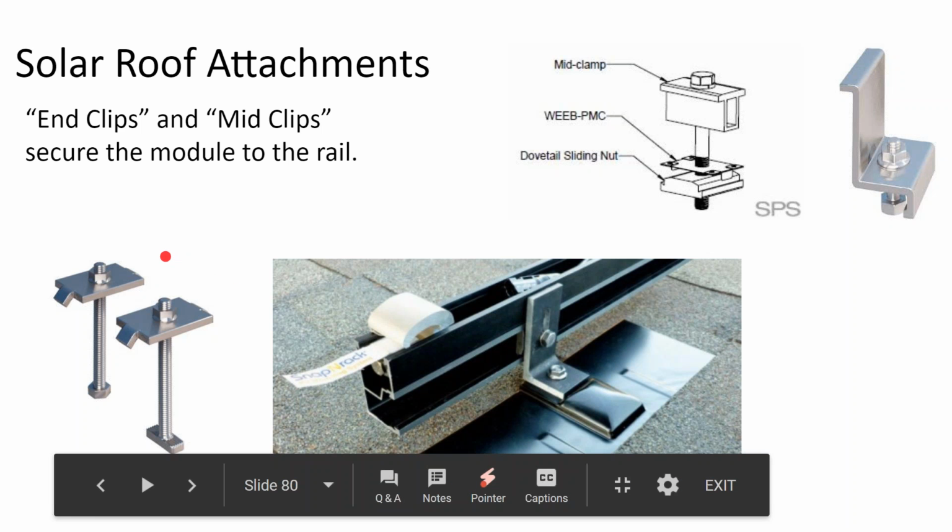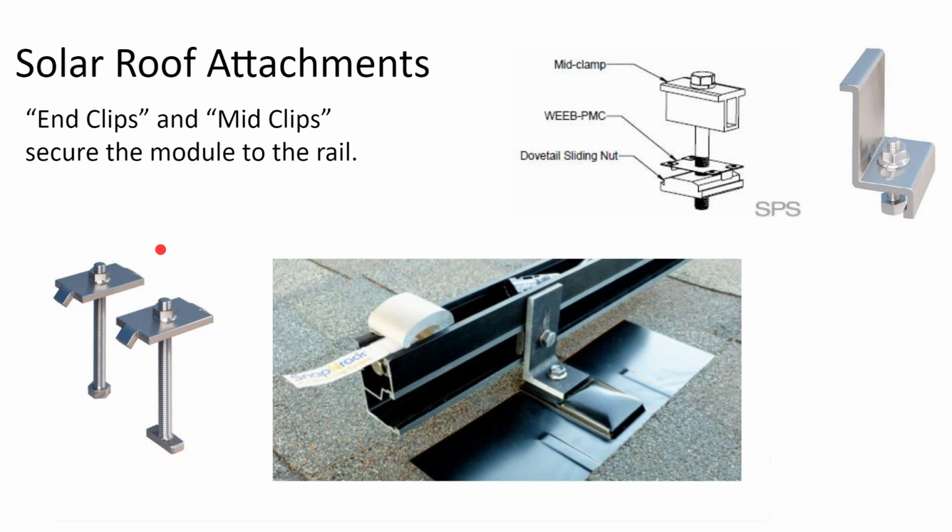And regardless of manufacturer, you get clips that hook into this rail channel, and they all do it a little bit differently, and I am partial to certain racking companies over others, but the whole system is pretty much the same.